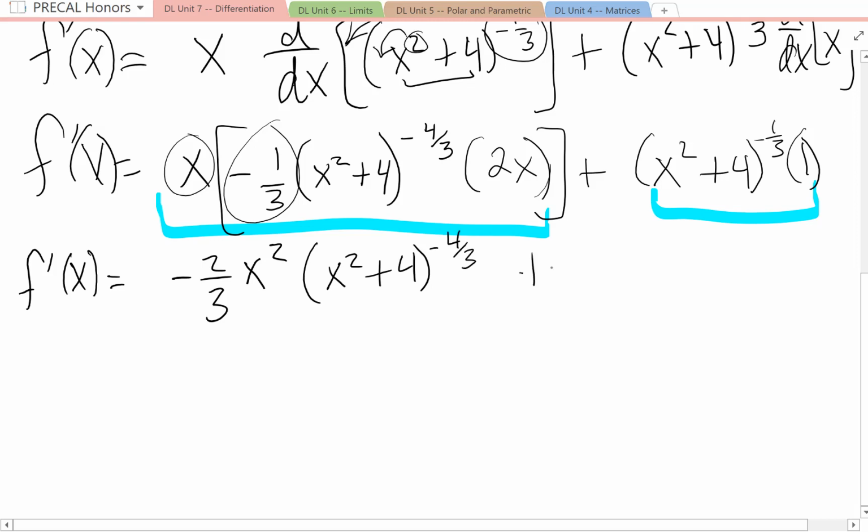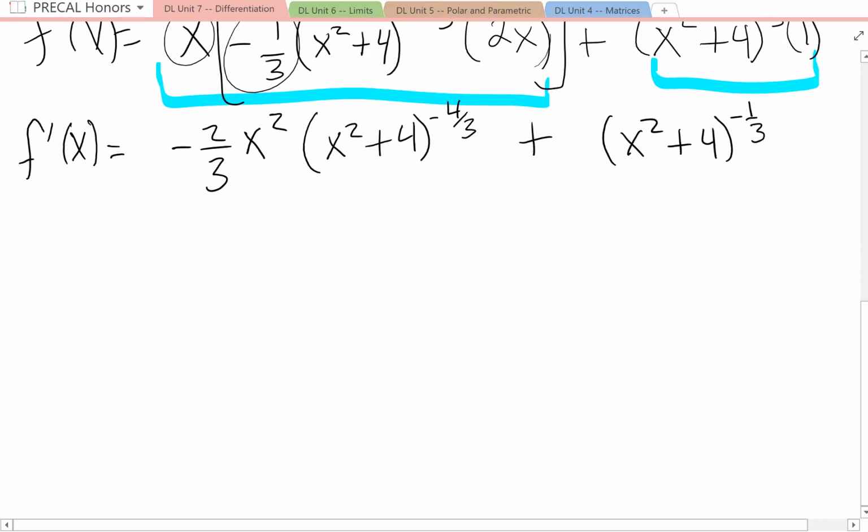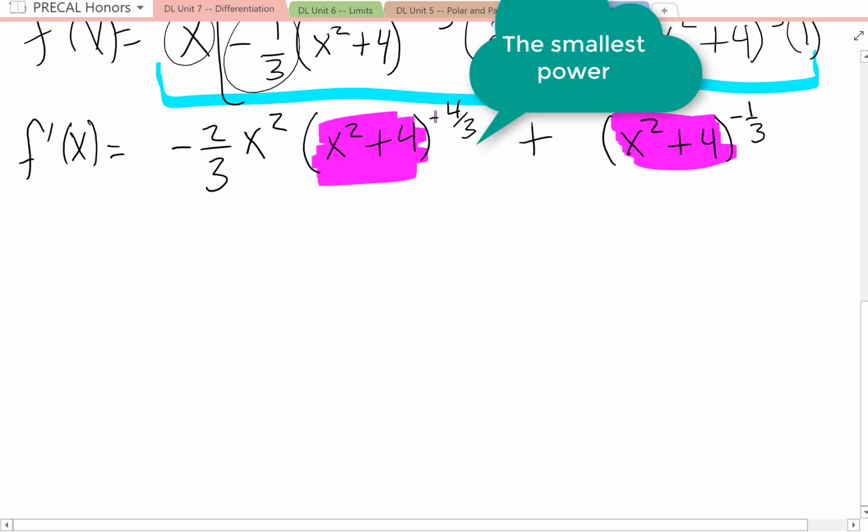And that will be adding just x squared plus 4 to the negative 1/3. Now we'll do what we did in the last problem. We will factor out the most negative commonality. So this quantity is in common, but we're going to take out the one with the power that's most negative.